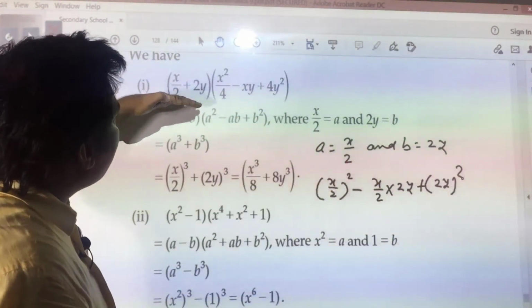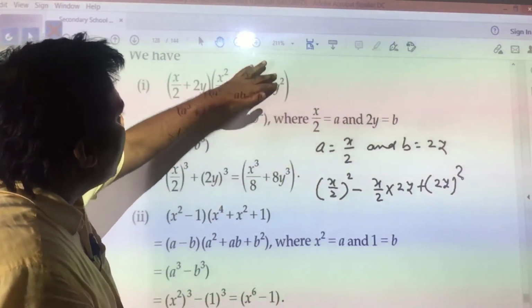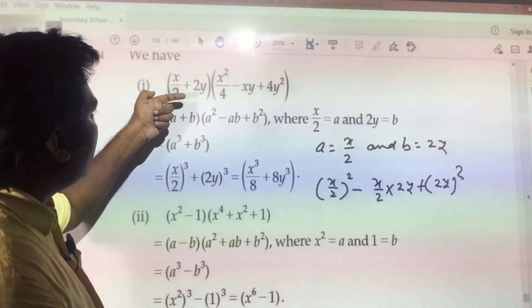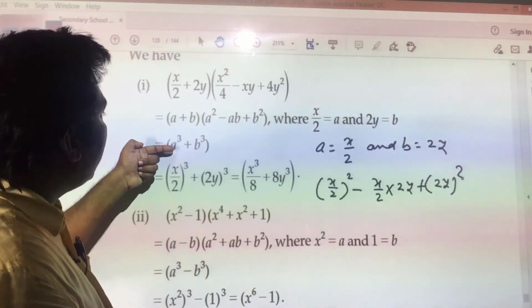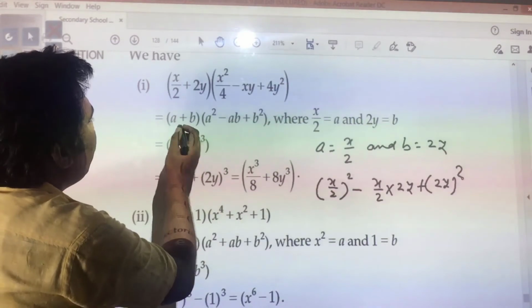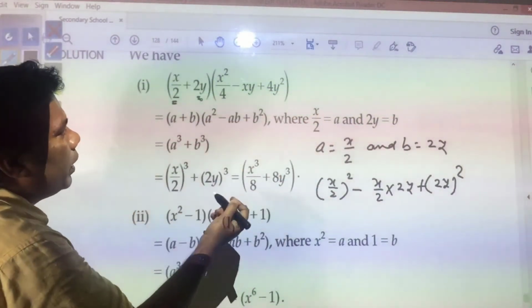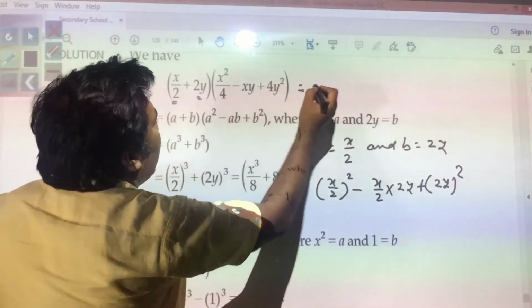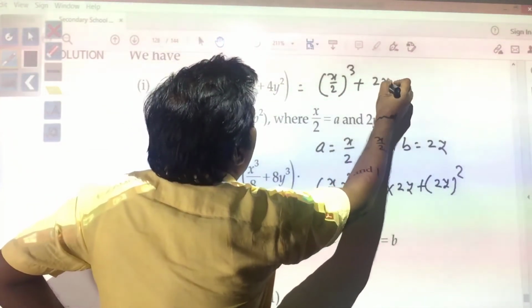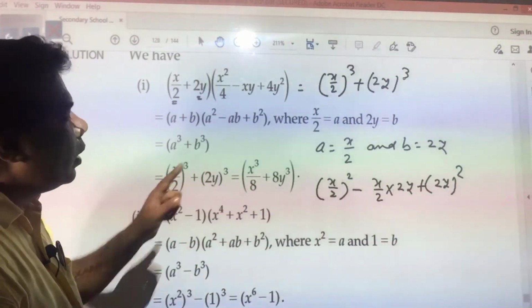So, x by 2 plus 2y into x square by 4 minus xy plus 4y square, if we assume this is A and this is B, can be written as A cube plus B cube, or x by 2 whole cube plus 2y whole cube.